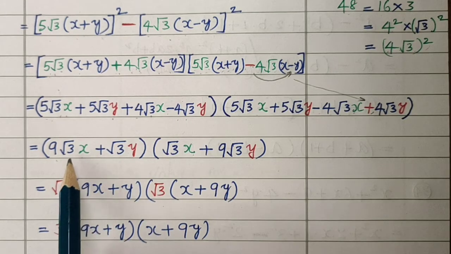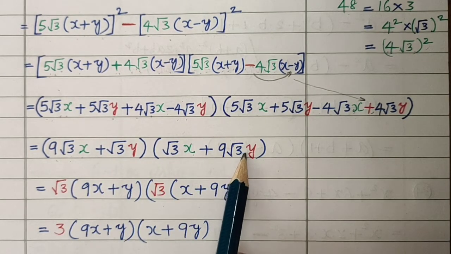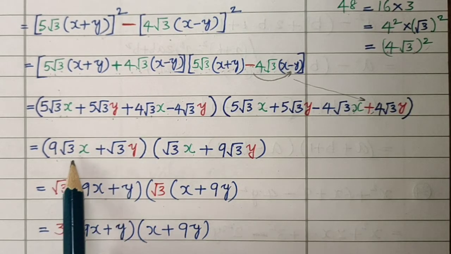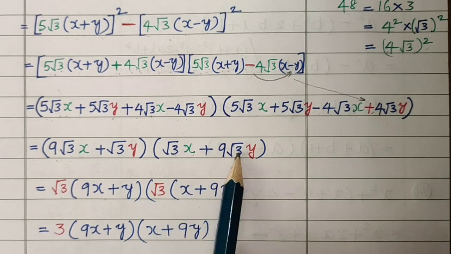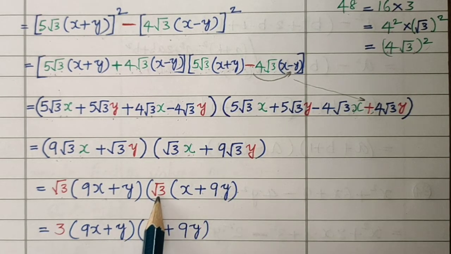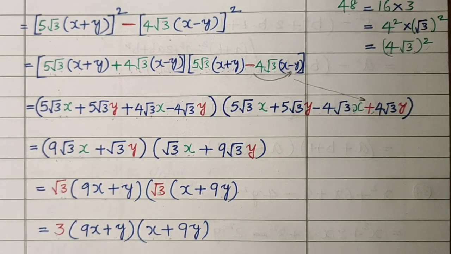So we can take out root 3 common in this, root 3 common in this. Here we are left out with 9x plus y, and when you take out root 3 we are left out with x plus 9y. When you multiply root 3 into root 3 we get 3, then 3 into 9x plus y into x plus 9y.